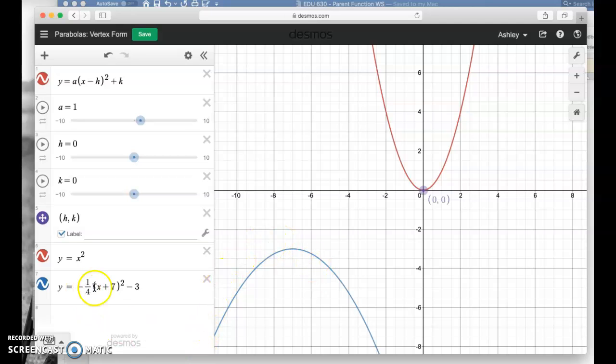And the 1/4 value, remember, if that number's in between 0 and 1, it makes that graph wider. The plus 7 and the minus 3 has now shifted it left 7 and down 3, and that is where that comes from. So work through the rest of the remaining 4 problems and make sure to make note of all the visual transformations that you can see.